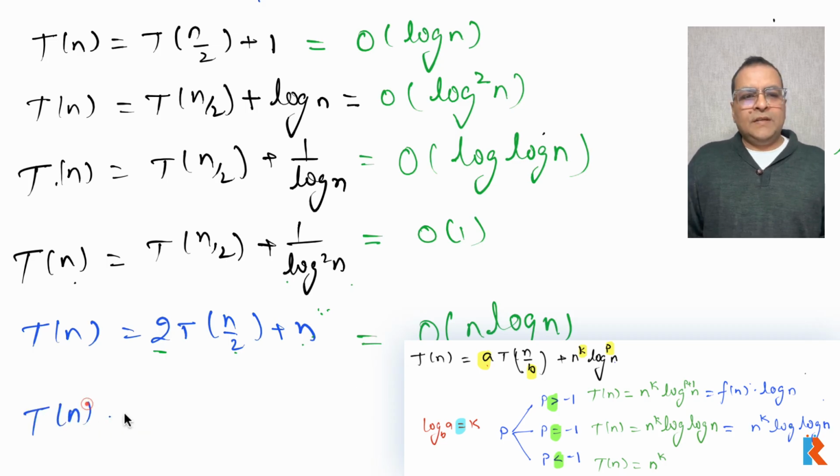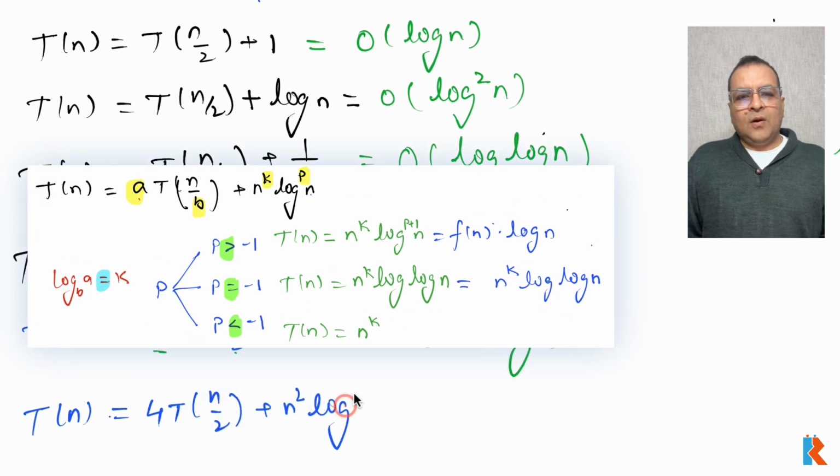What if you have T(n) equals 4T(n/2) plus n square log square n? In this case, a is 4, b is 2. So log of 4 to the base 2 is 2 and k is also 2.